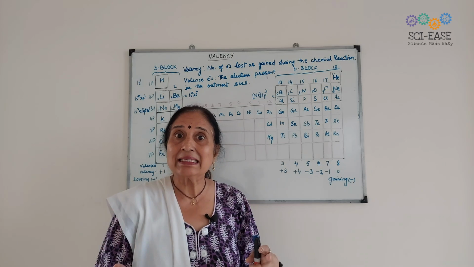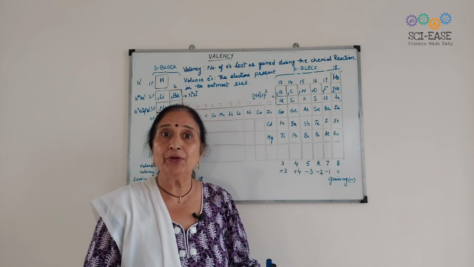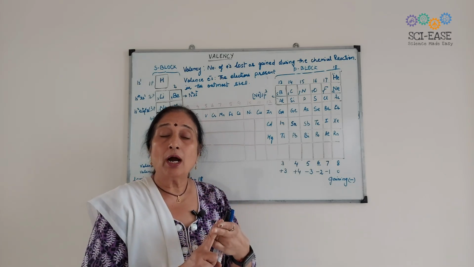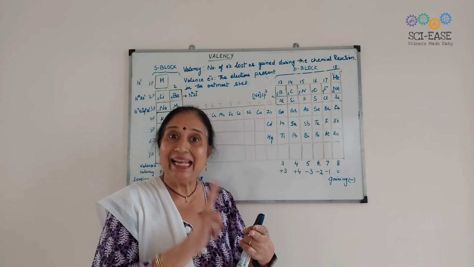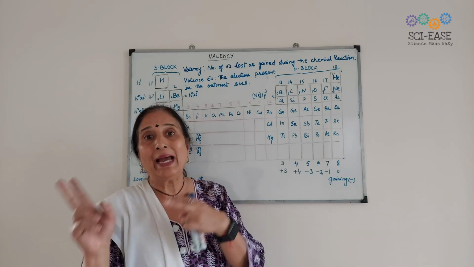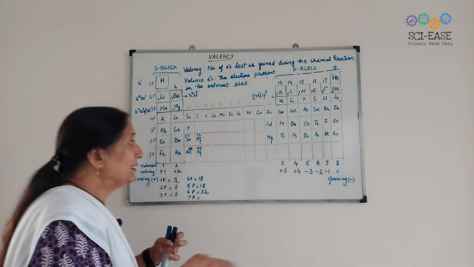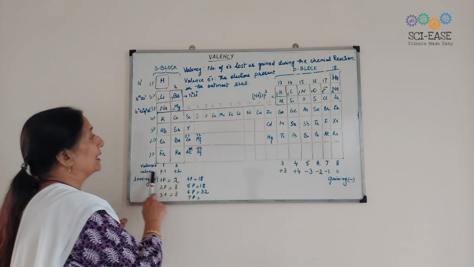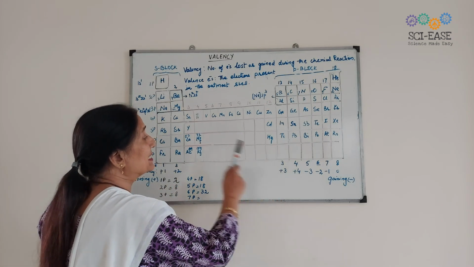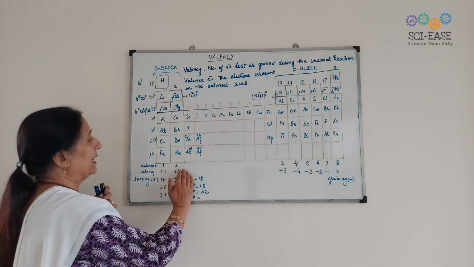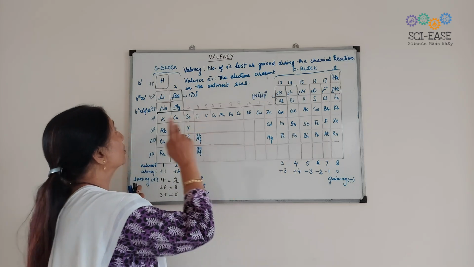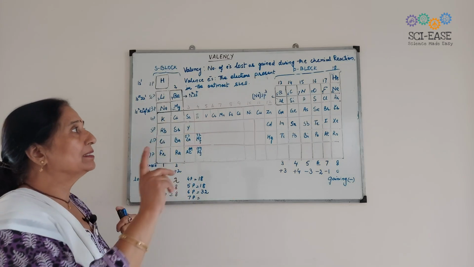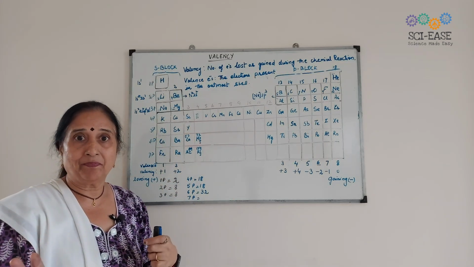This is the trend. I think the things are clear to all of you. You should know about the valency, then the valence electrons, and then I have told you what is the valency of different elements present in group 1, 2 and then 13 to 18.